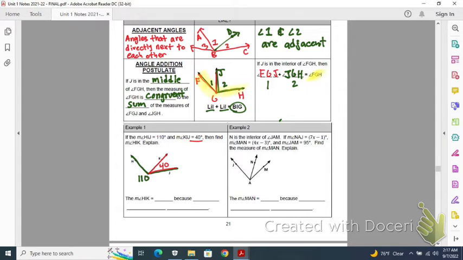We can call HIK x. I'm sure you guys can already tell what it's going to be, but the algebra would look like this. x plus 40 would give you 110, and then you subtract 40 from both sides, and it will give you x is equal to 70 degrees. And that's the same thing as HIK.